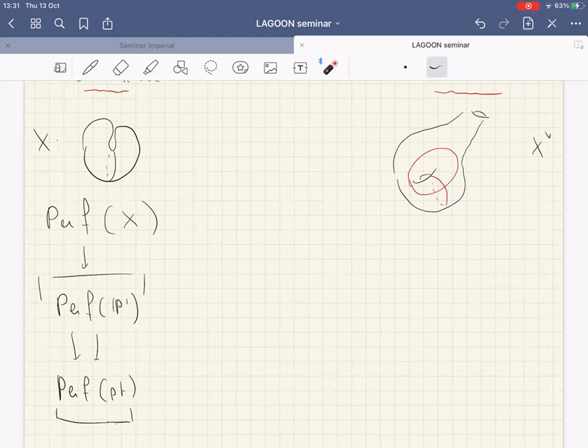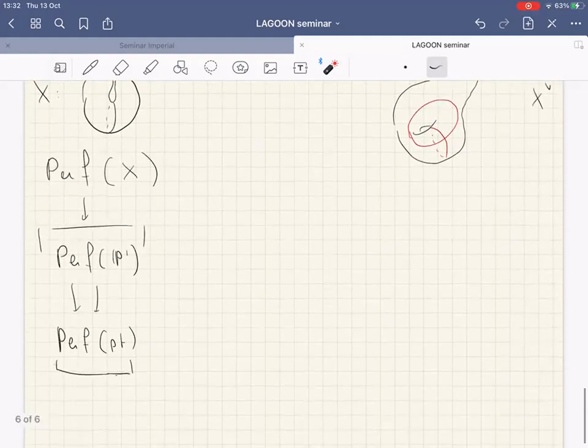Gluing data means I need to fix an isomorphism between the fiber at 0 and the fiber at infinity of this object on the normalization, so that it glues to give me an object on the nodal curve X. This can be formalized in a convenient way by saying that Perf X is this homotopy equalizer, in the infinity category of DG categories, or in the model category of DG categories.